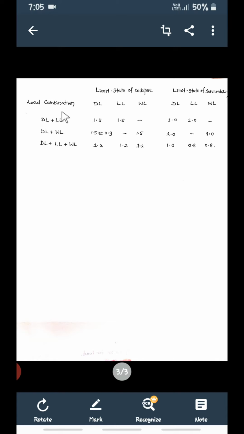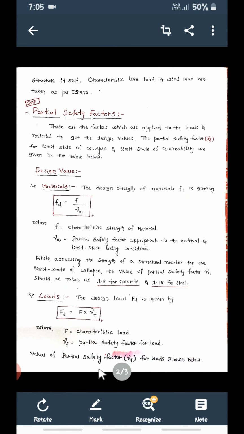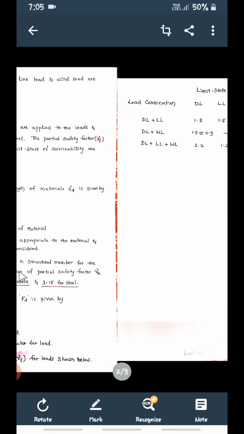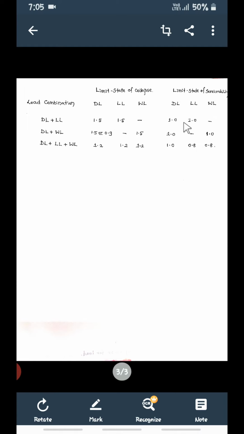Normally we consider this combination, but for high rise buildings the wind load will be considered. Then the partial safety factor is the gamma f value that you multiply by.